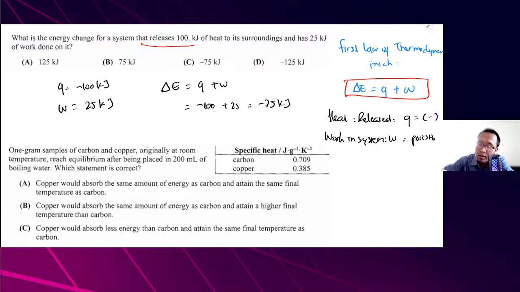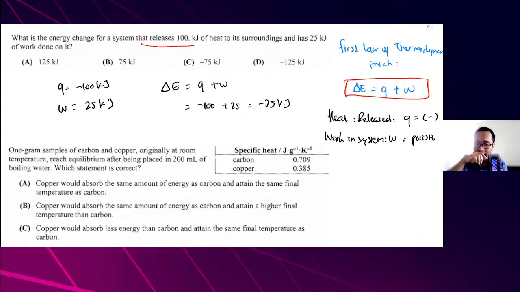And remember, if heat is released, Q will be negative. Remember, delta E equals Q plus W: the internal energy equals the heat exchange plus the work done.